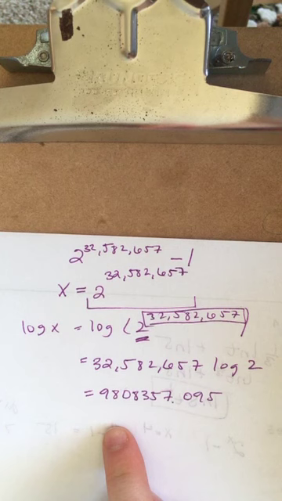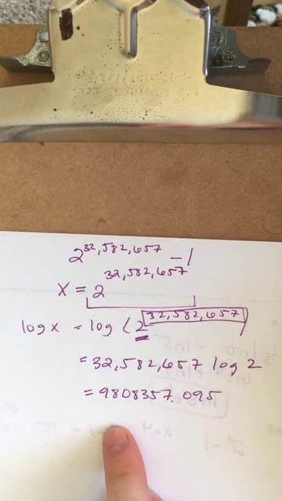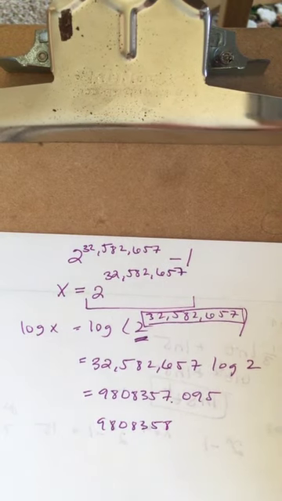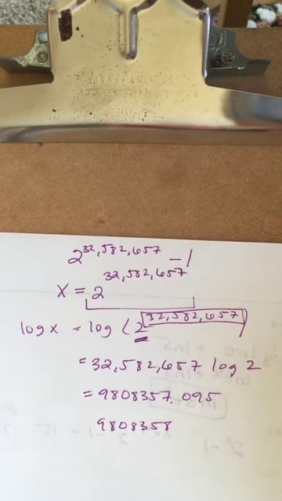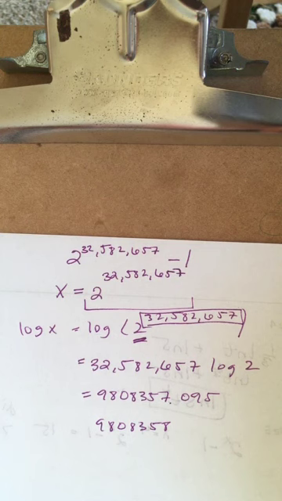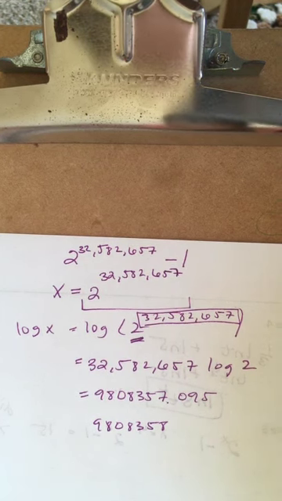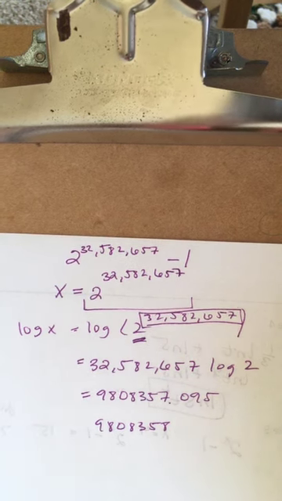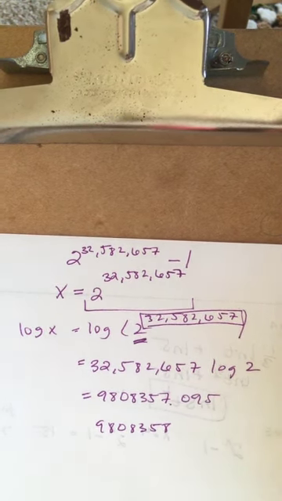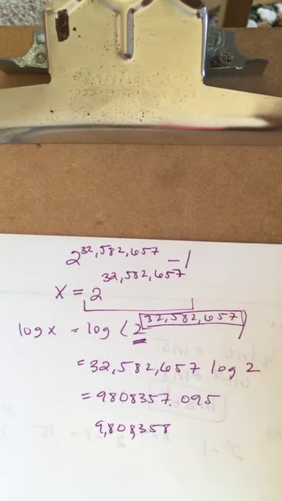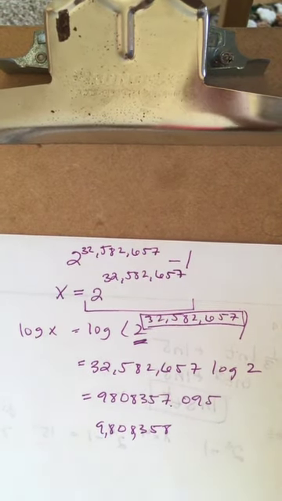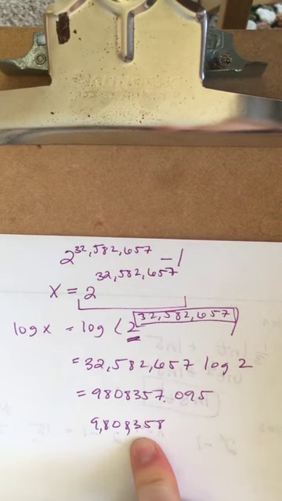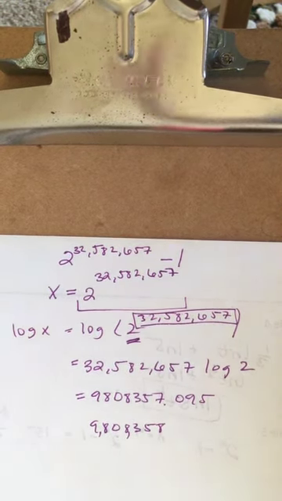All right, this rounds up to 9,808,358, so it should, right? They rounded up. So this is 9,808,358 place values or digits.